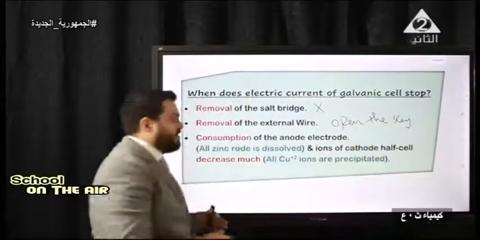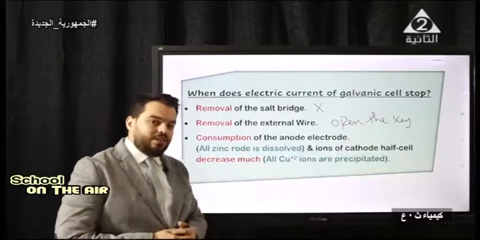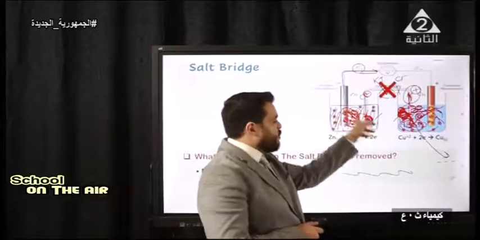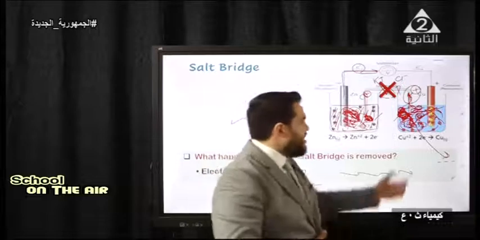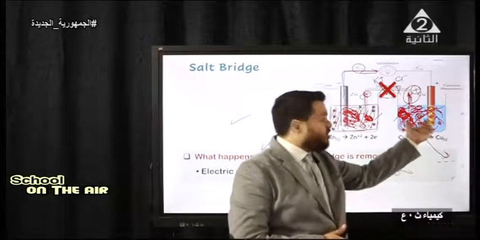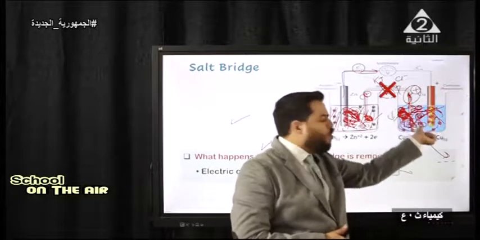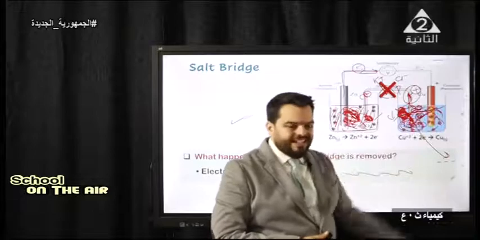Okay? And the other reason that will stop the electric current is if all of the zinc is dissolved and the anode is completely consumed, or the copper positive 2 concentration is lowering much, so there will be no copper positive 2 to be deposited or to attract other electrons.